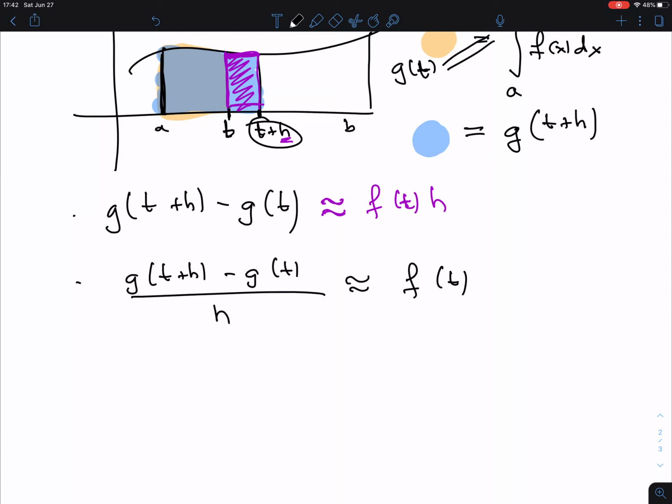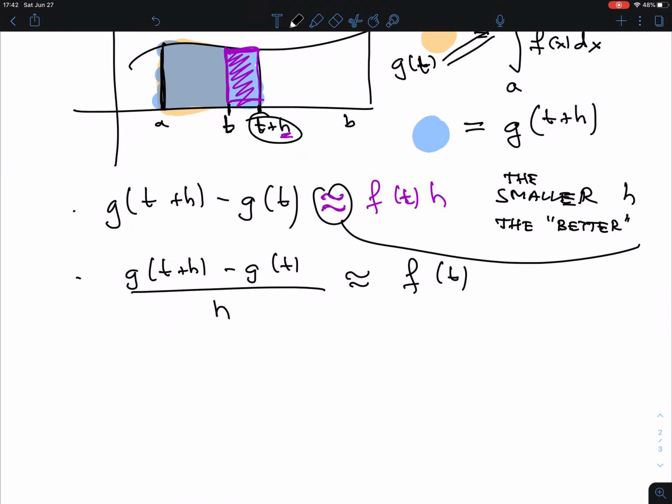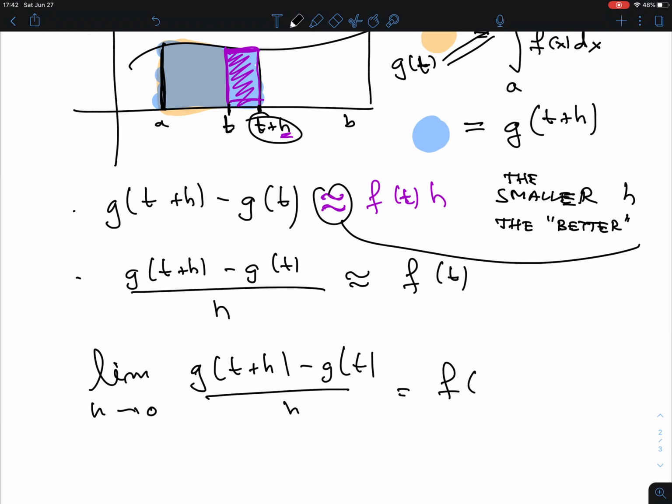And therefore, let me write it up, the smaller h, the better my almost equal to, right? Okay, that means in the limit, it will be gone. It's now actually equal. That's the trickery with limits.